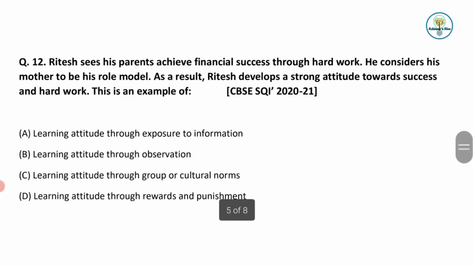Ritesh sees his parents achieve financial success through hard work. He considers his mother to be his role model. As a result, Ritesh developed a strong attitude towards success and hard work. So, this is an example of what? Learning attitude through exposure to information. There is nothing like Ritesh getting any information or exposure to information. So, this is not correct.